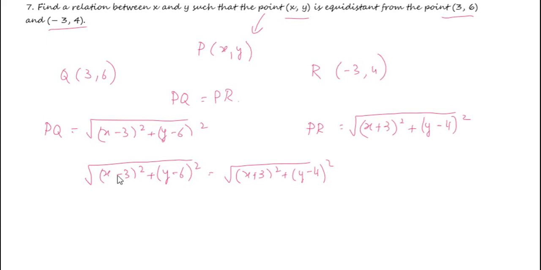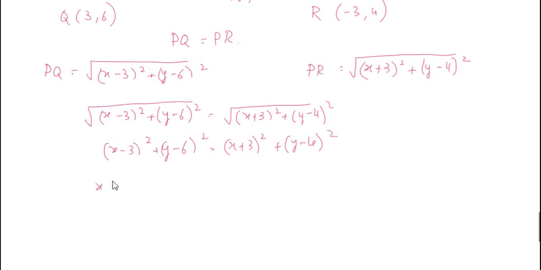Squaring both sides, we have (x minus 3) whole square plus (y minus 6) whole square equal to (x plus 3) whole square plus (y minus 4) whole square. Let us expand these things.